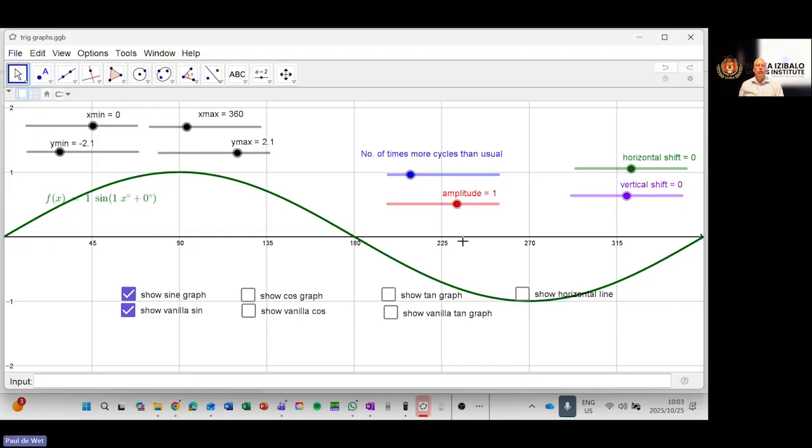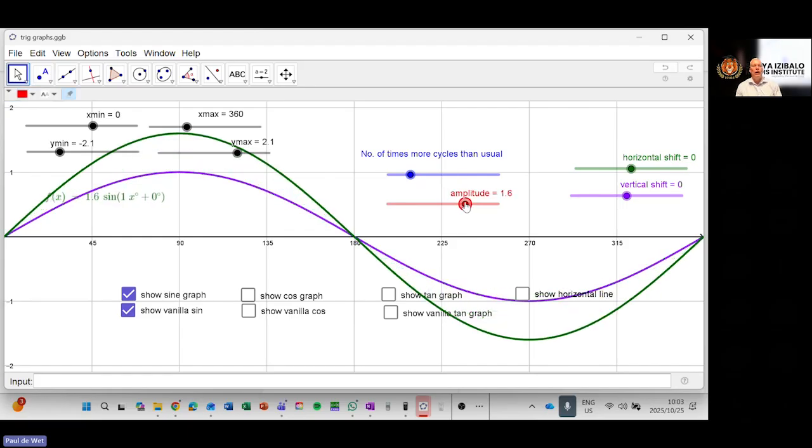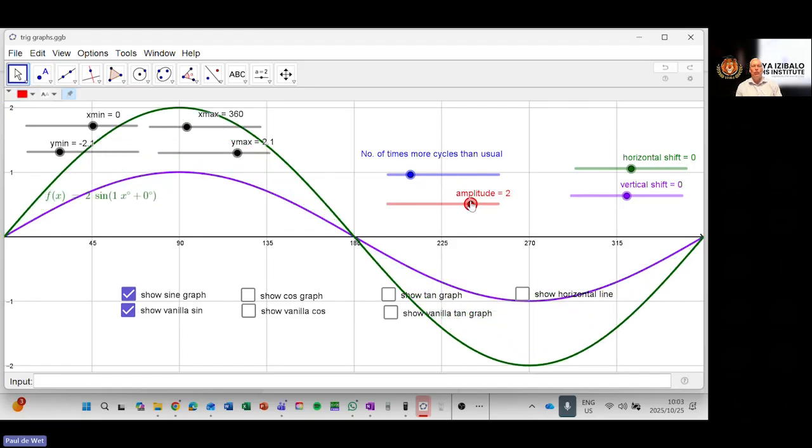The amplitude will be 2. Can you describe in words what will happen to the graph? Is it going to stretch or squash, or is it going to stretch vertically? Well done. Okay, guys, have a look at this. If the amplitude is 2, the graph just goes up to 2.